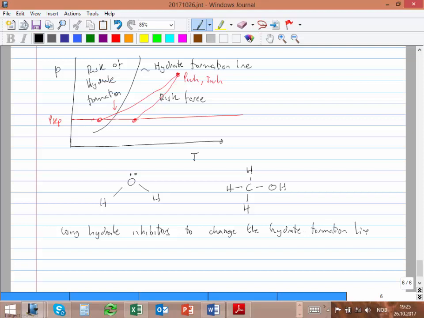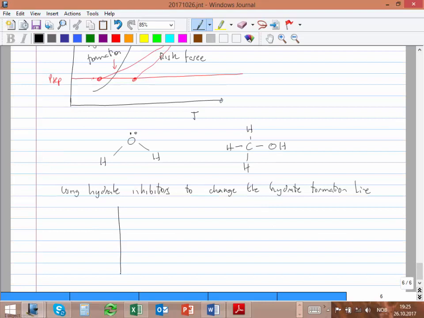That means if I have an inhibitor, I actually have to inject it with the flow. Usually the way I do it is at the wellhead. So I have to send inhibitor, and if the original hydrate line was this one, as I increase the concentration of inhibitor more and more, the inhibitor is reducing the hydrate area.